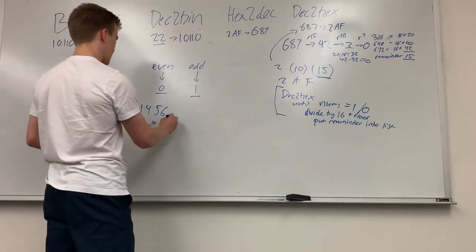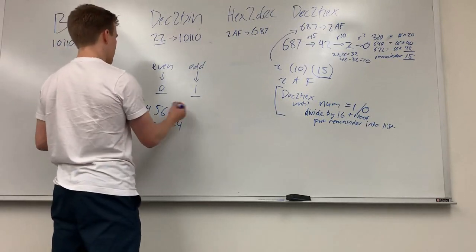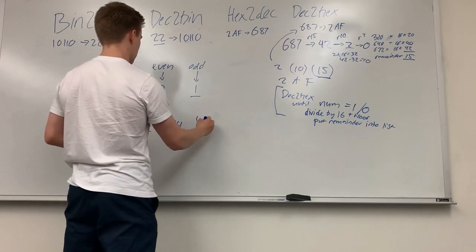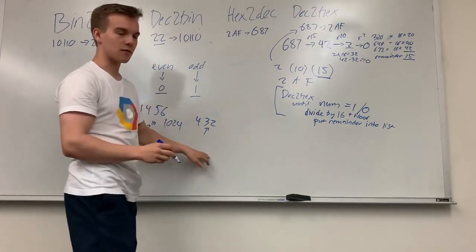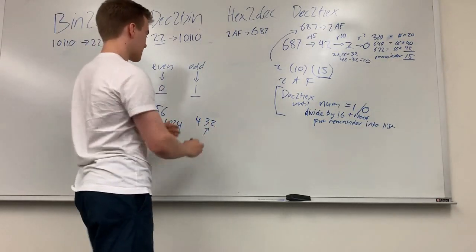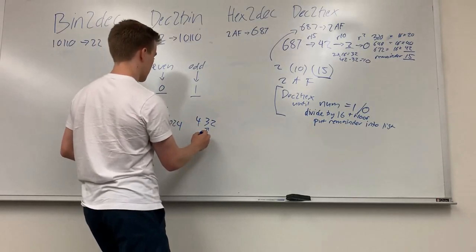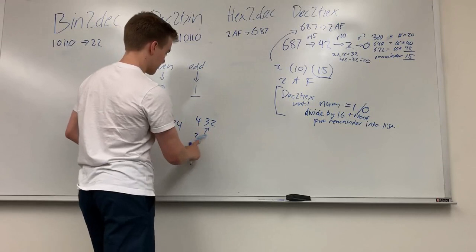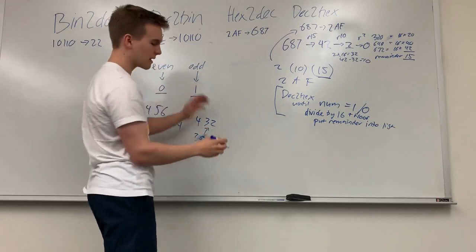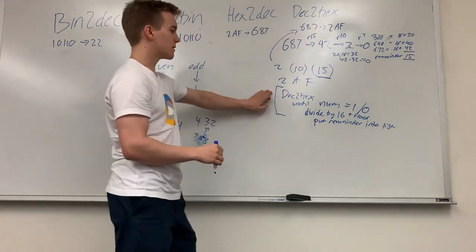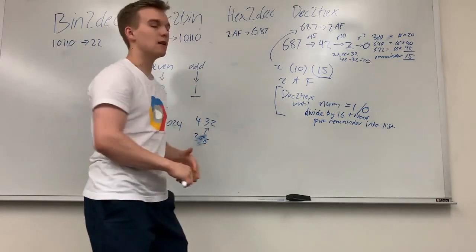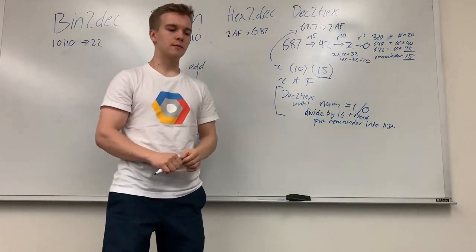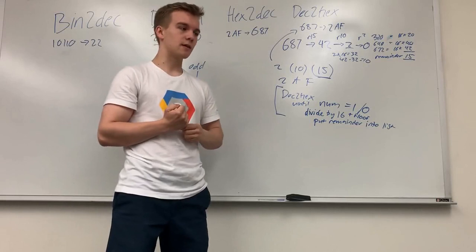And then I'm like, okay, 1024, take that out, and I get 432, and then take the highest power of 2 that'll fit in this, and that's 256, and then subtract that out. You don't need to do that. This procedure here and the one I described previously will make this a lot easier to code for you, even though they're not the intuitive way of doing it.